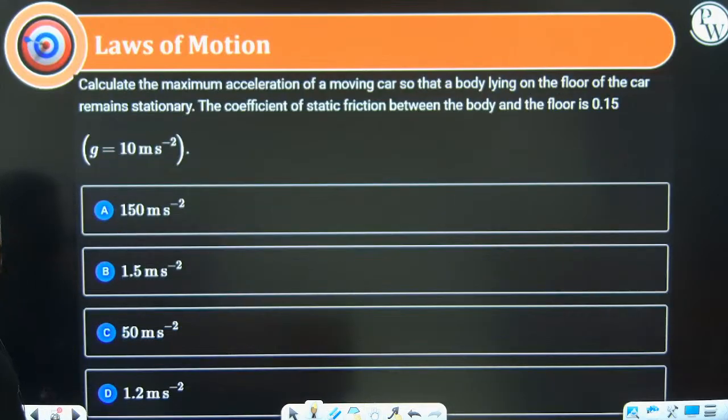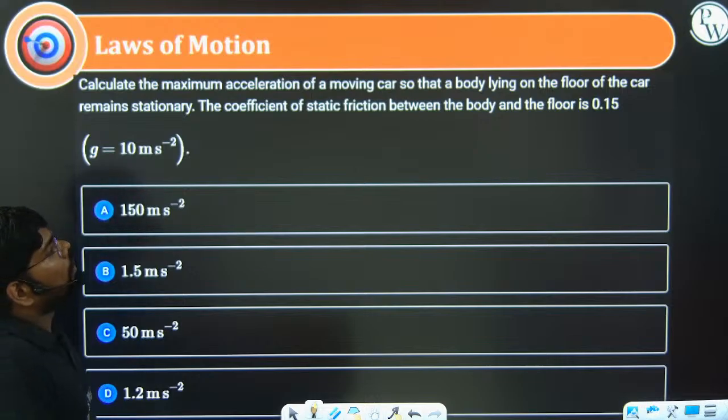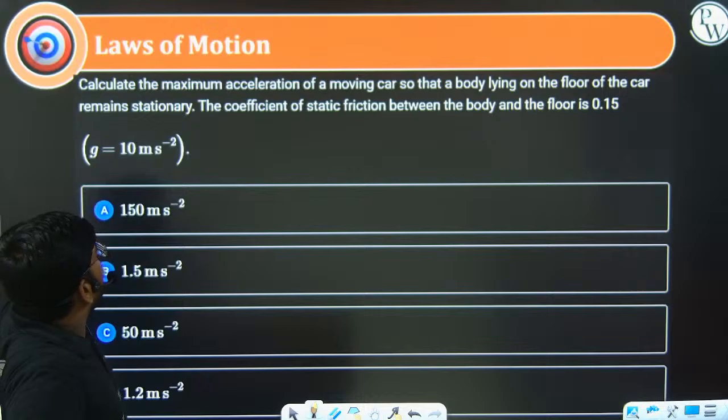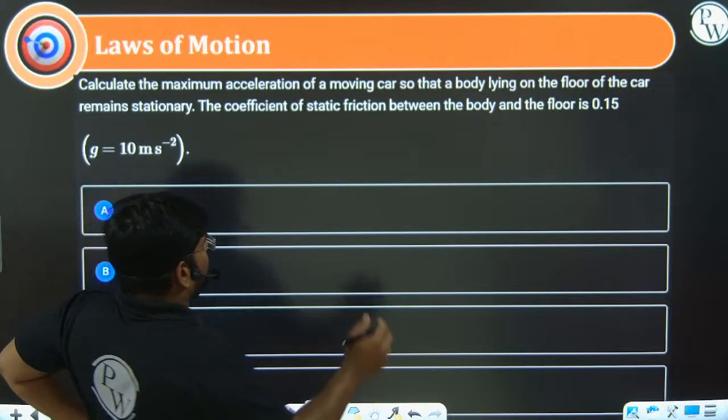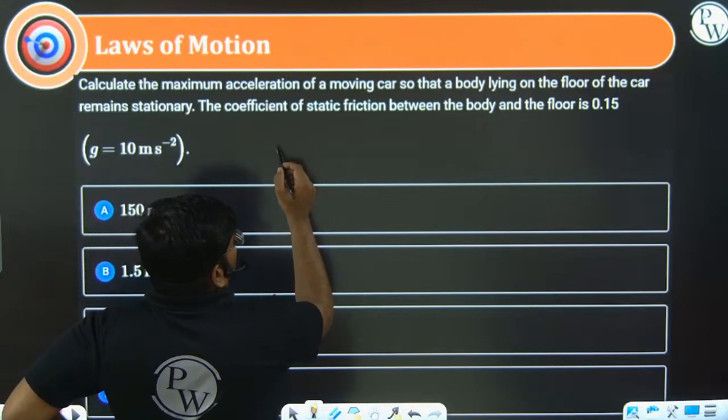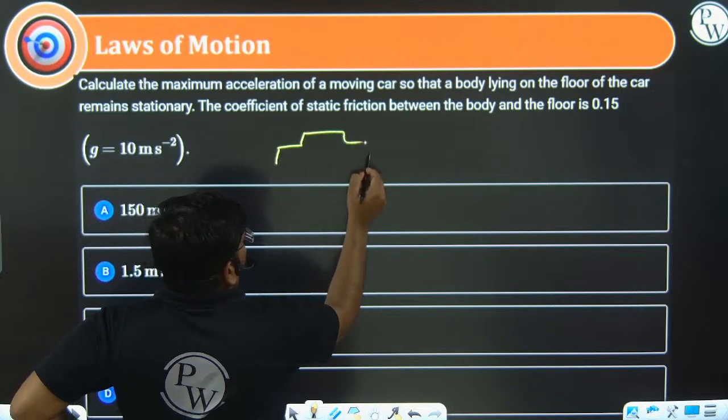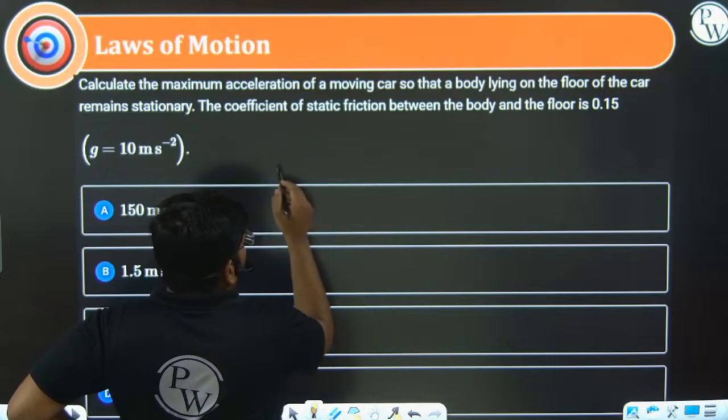Again we are coming back to calculate the maximum acceleration of a moving car so that the body lying on the floor of the car remains stationary, and it is given that the coefficient of static friction is 0.15. So here we are having a car. Let us draw it a little big as a platform.